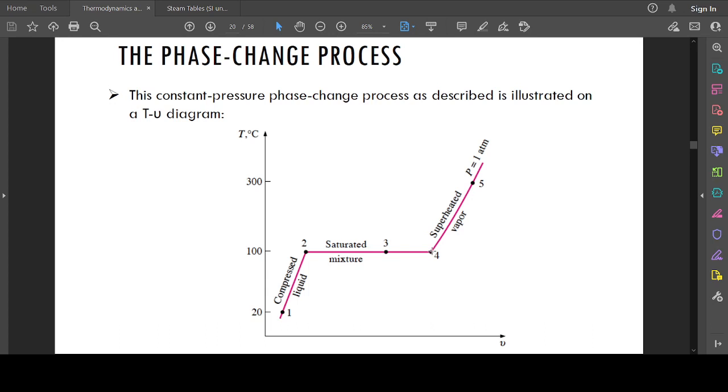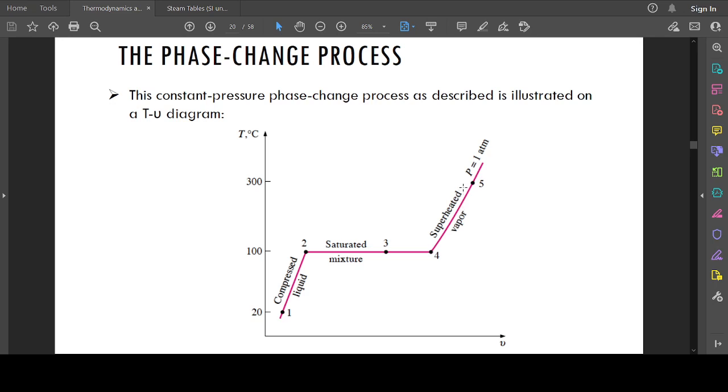Now getting to point 4, the temperature starts to rise at constant pressure, and that rise in temperature up to point 5 identifies a system where the saturated vapor becomes superheated vapor. So from point 4 to point 5, this is where we have a dry steam.